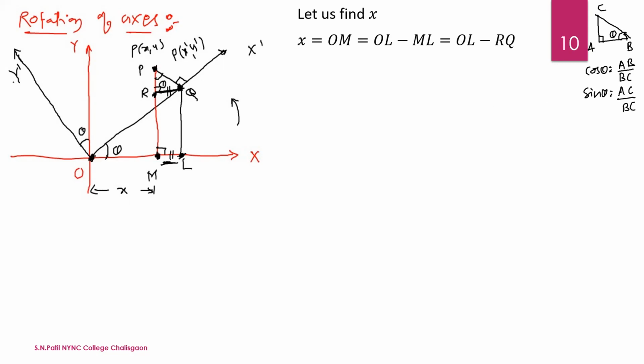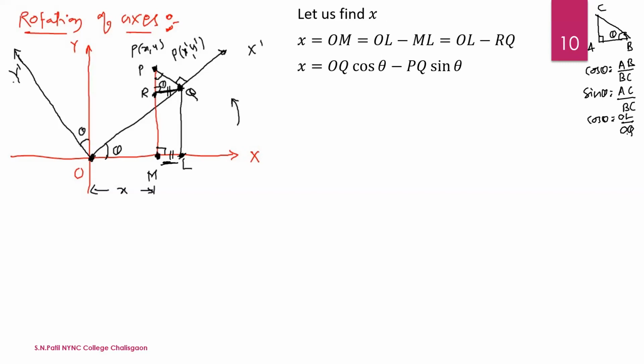It can be written as cos theta is equal to OL divided by the hypotenuse. What is the hypotenuse for this angle? It is OQ. So OL is equal to OQ multiplied here, that is OQ cos theta. Now RQ.